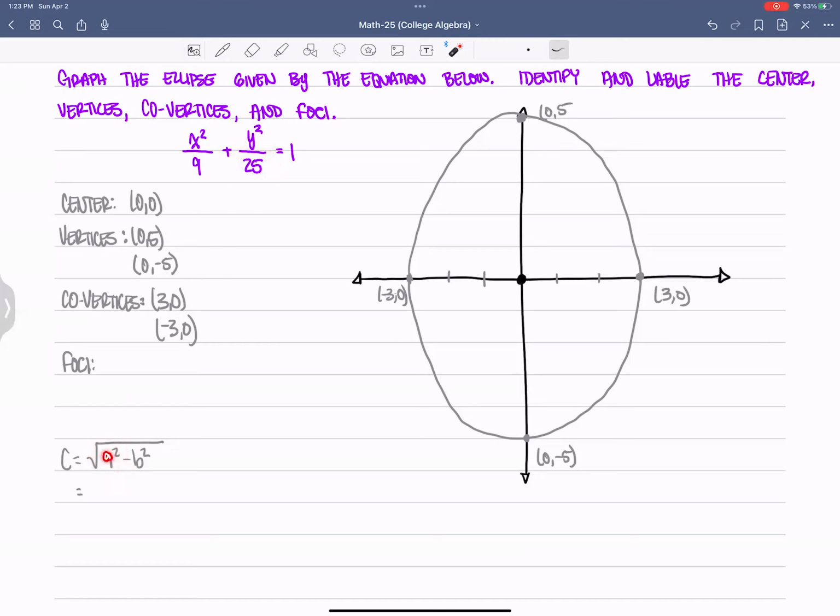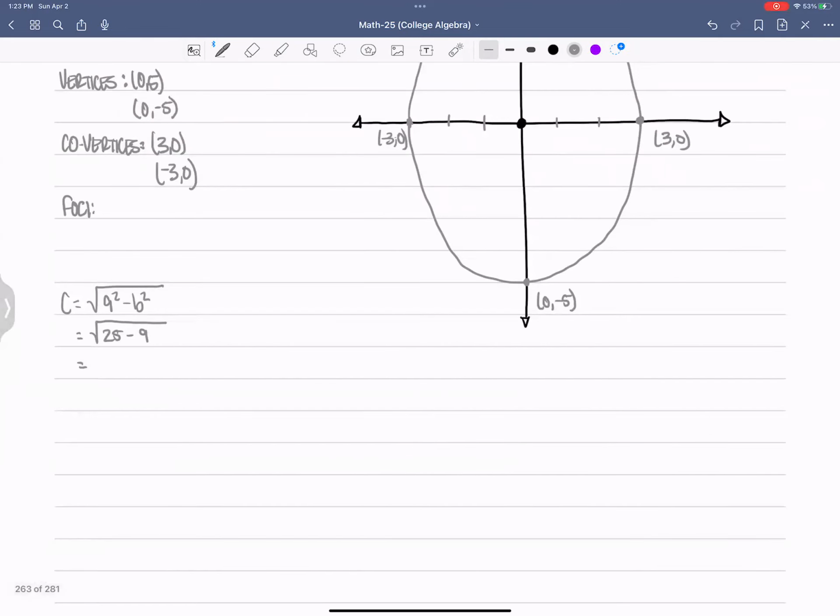If you want to put it in this form, we could take the square root and say that this is 5 squared and that this is 9 or 3 squared. But we could just grab these numbers as is to figure out what c is. So 25 minus 9. And that gives us the square root of 16, which ends up being 4.